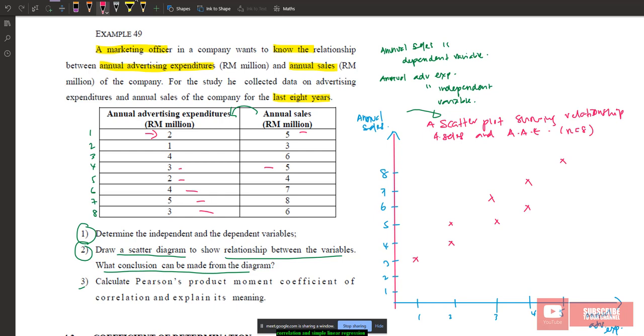So based on the scatter diagram, we can see that the trend is upward, right? The trend is upward. So we can say annual sales and annual advertising expenditure have a positive linear correlation.